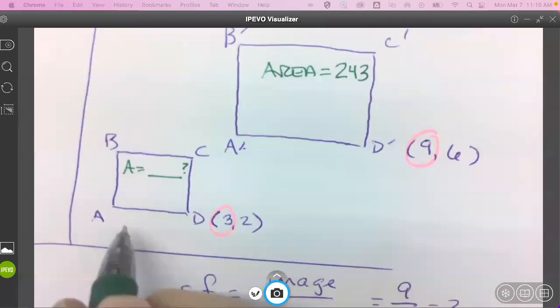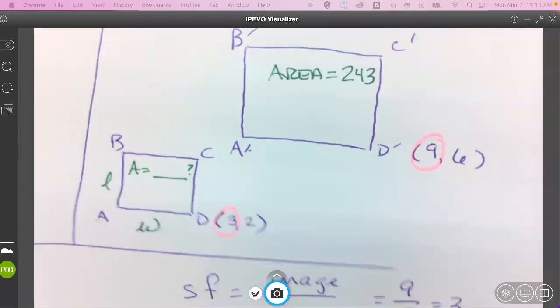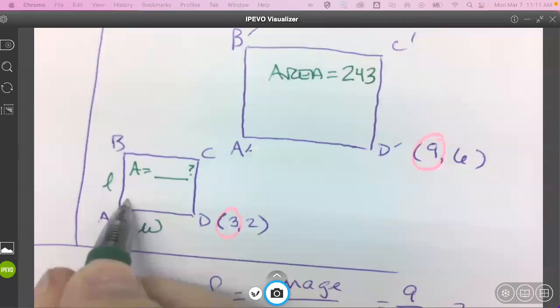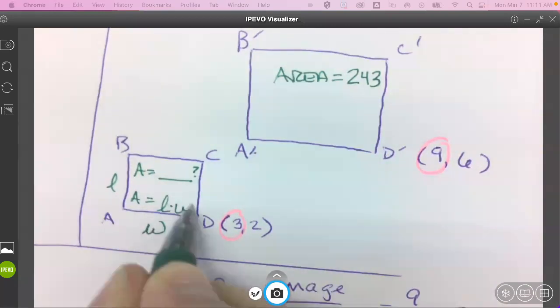Let's say that this is our width and this is our length. We could find the area of this quadrilateral. Let's assume it's a rectangle by doing what? Length times width.